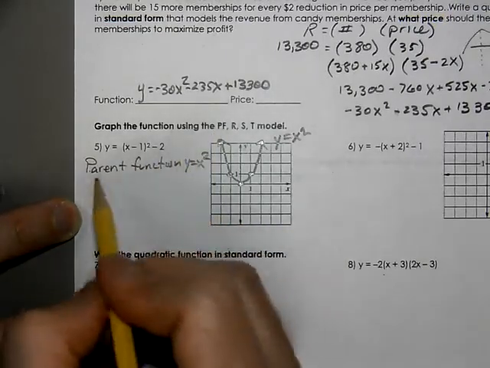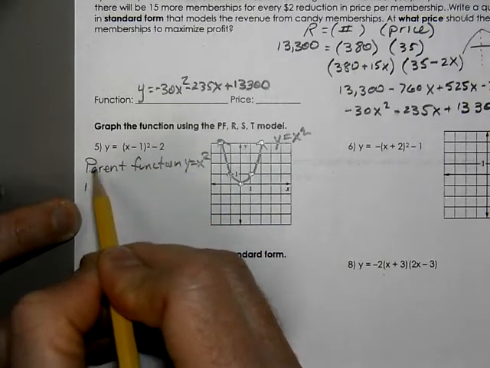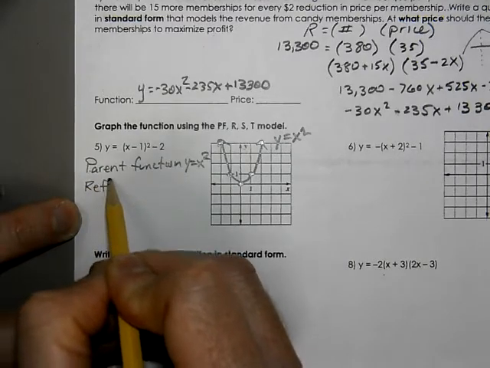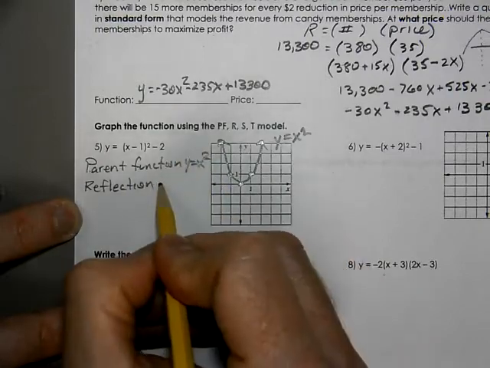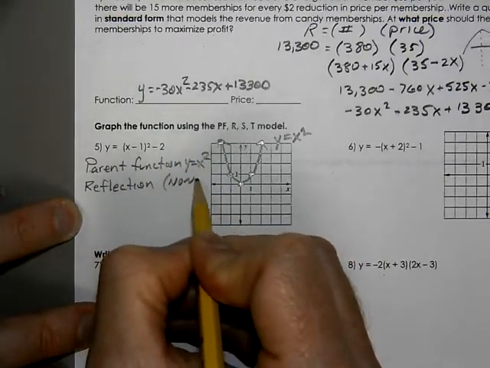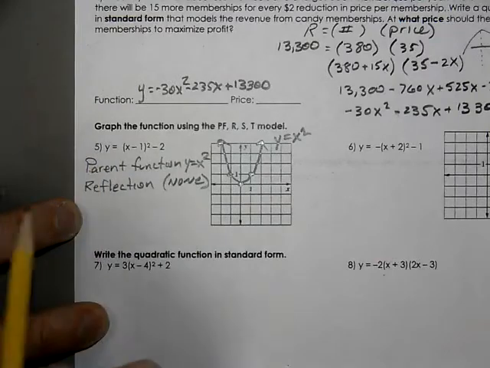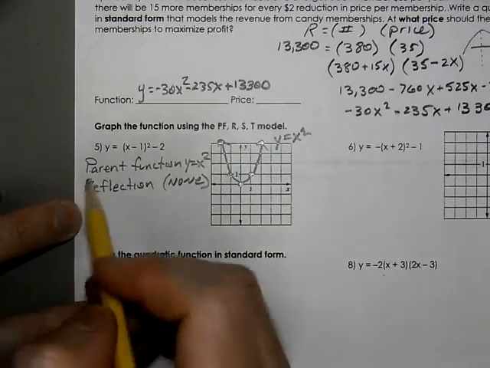And then we're going to do the reflection, which there is none because there's not a negative in front with the a.